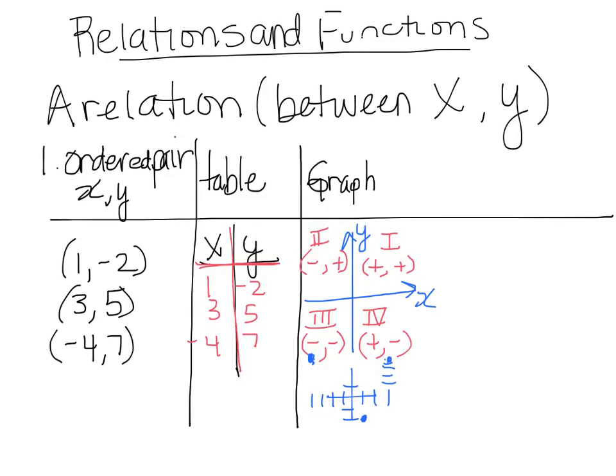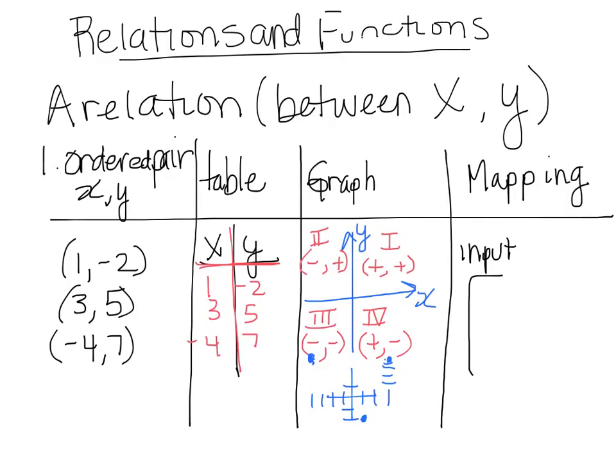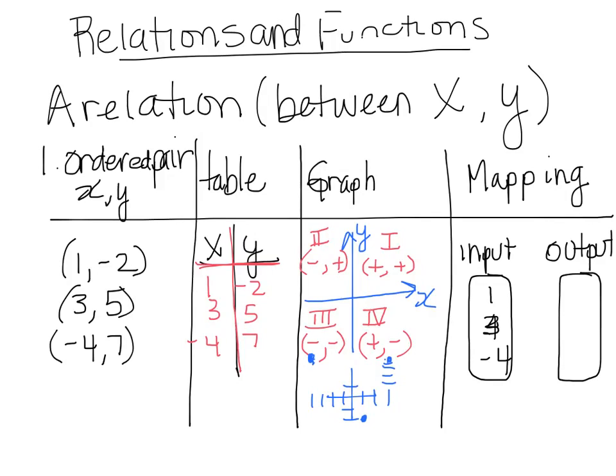Then finally, we want to talk about the 4th representation called mapping, where you basically have a blob for the input. Here's your input, and we have a set, and in that set we have some numbers: 1, 3, and negative 4. Then we have a set that contains the output, and that set contains some numbers.